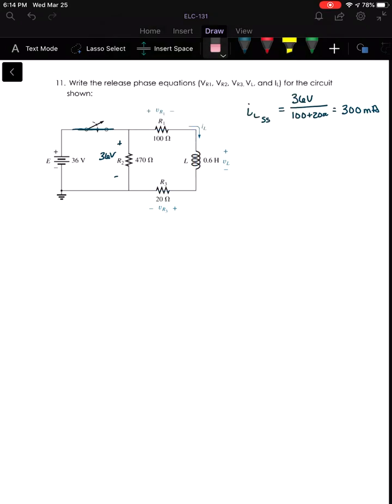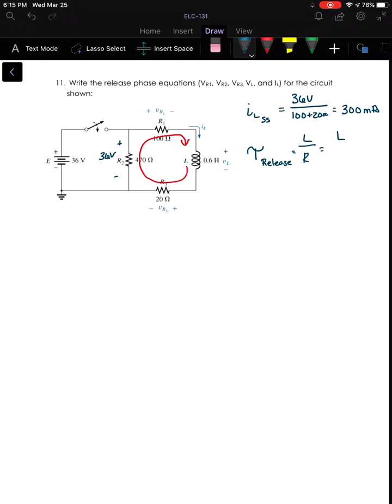Now let's talk about the time constant in the release phase. It's a little different than in the storage phase. In the release phase, when we open this switch back up, imagine the path of that current. It's going to go this way. So the resistance we're going to use in this equation would have to be R1 plus R2 plus R3.